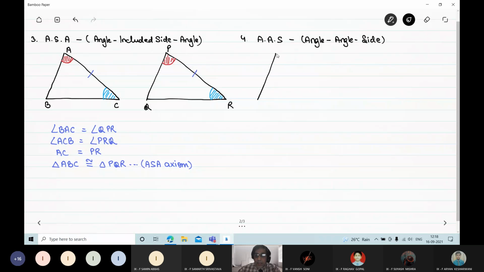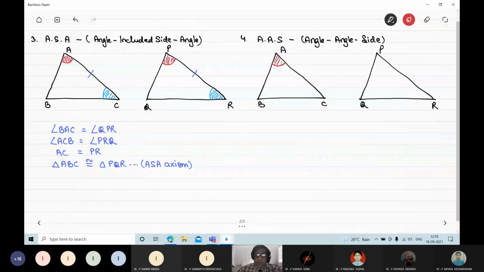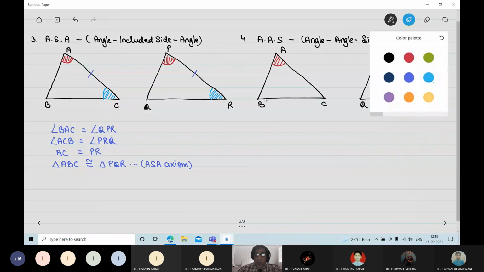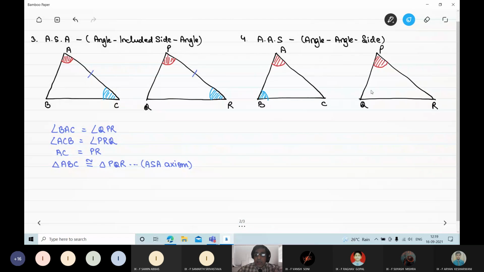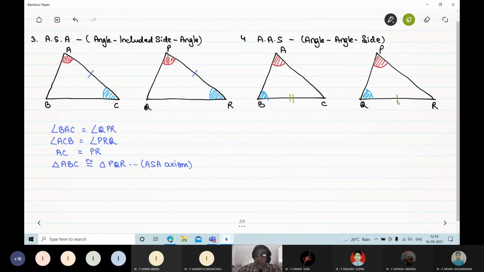So if this is one triangle and this is another triangle, let's say ABC and PQR. Now if I say angle A is equal to angle P, these two angles are equal, and angle B is equal to angle Q, and let us say that BC is equal to QR.